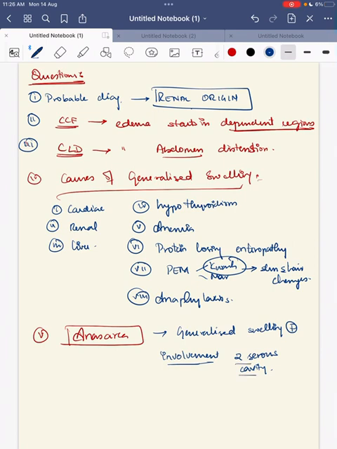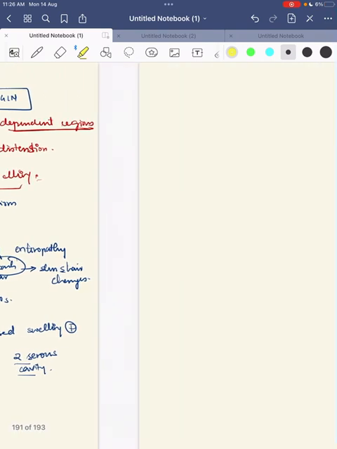Then there is an involvement of two serous cavities with generalized swelling, then you call it anasarca. Okay, these are the questions pertaining to the swelling.